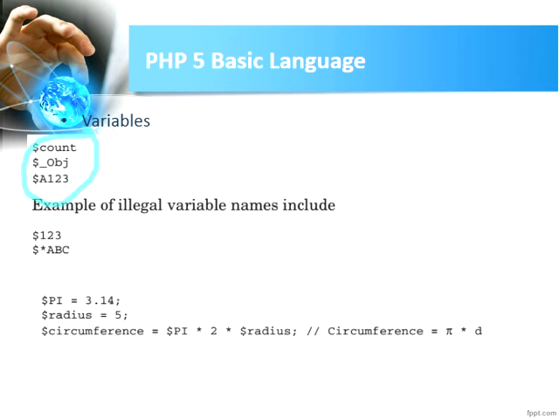Can you explain these instructions? What's the meaning of $pi equal 3.14 semicolon, or $radius equal 5? What's the name of our variable here?